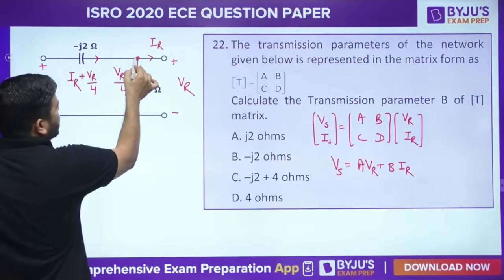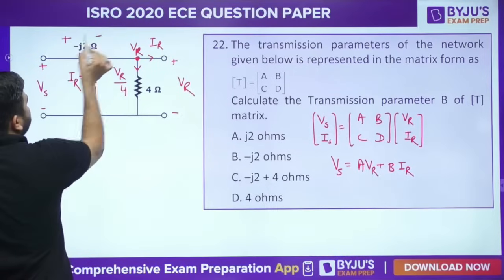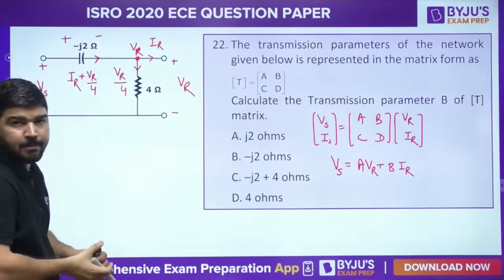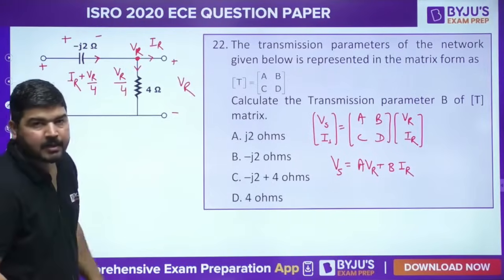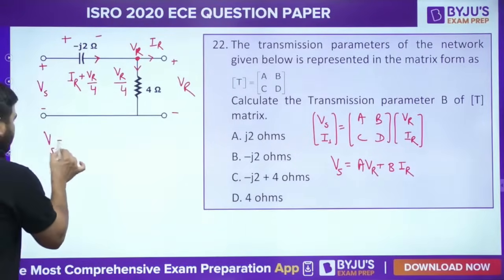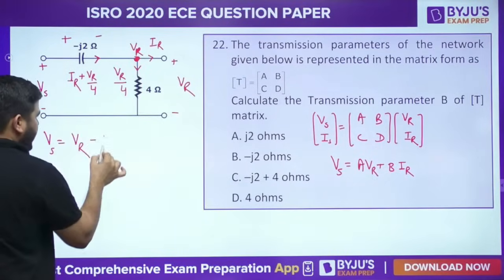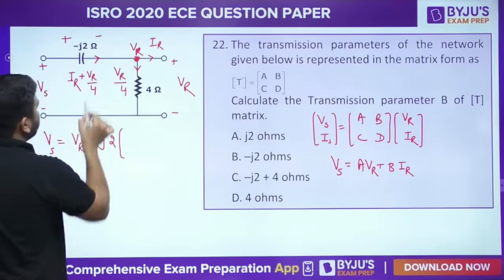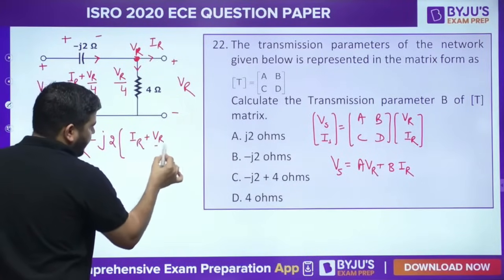At this point you have this VR voltage, plus this voltage because the current is flowing in this direction. If current is flowing in this direction, current multiplied by this reactance will be the voltage. So Vs is equal to VR, this voltage, plus this voltage, minus J2 into this current, IR plus VR by 4.